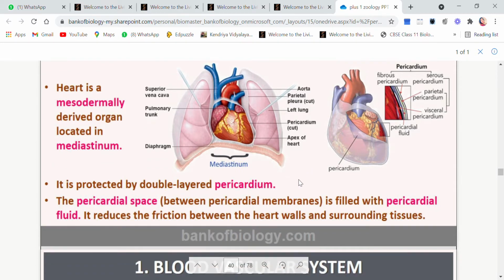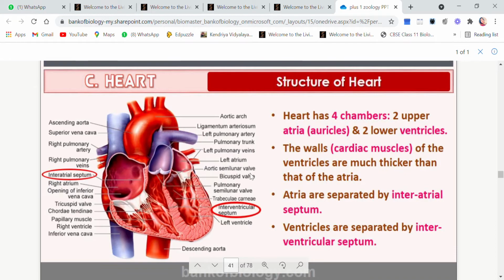right? Then you see children, heart has four chambers. Two upper ones are called atria or auricles and two lower are called ventricles.